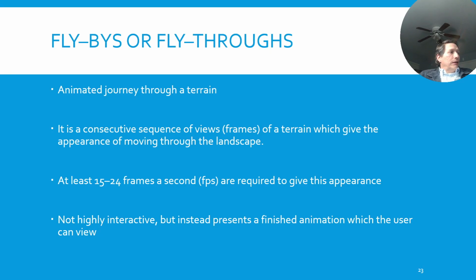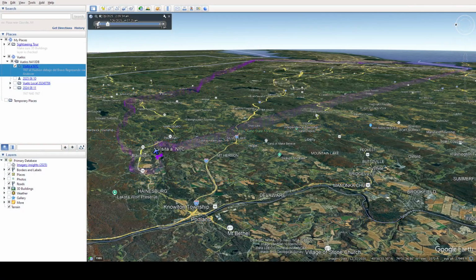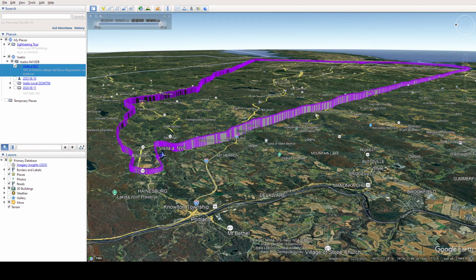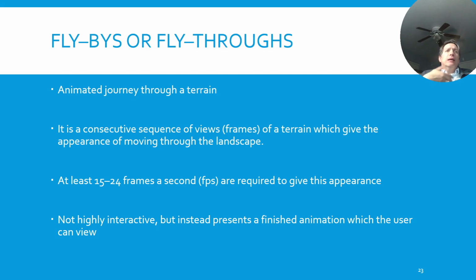For example, here I have a little example of an airplane that is just flying. We can follow the airplane, it goes around and it comes back. We can have these journeys representing different things, but that's another way of showing those flybys that represent that journey through the terrain.